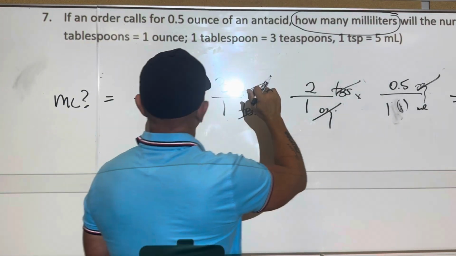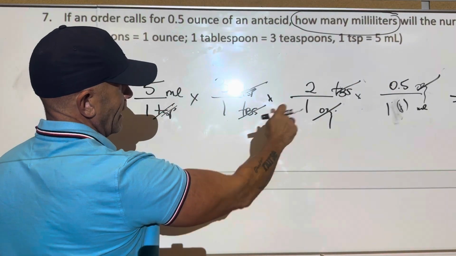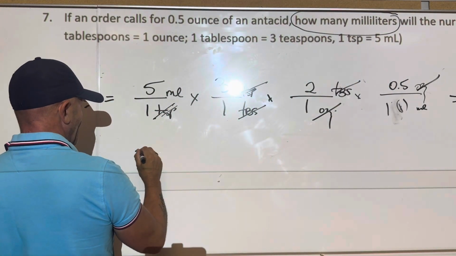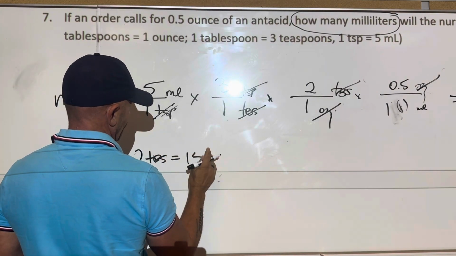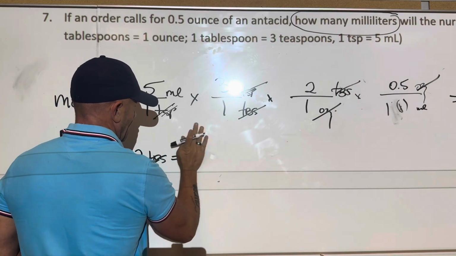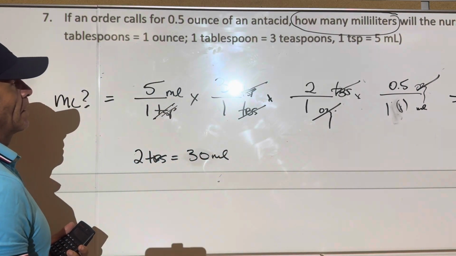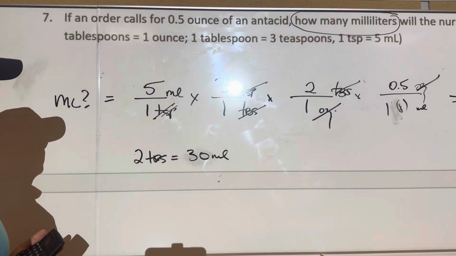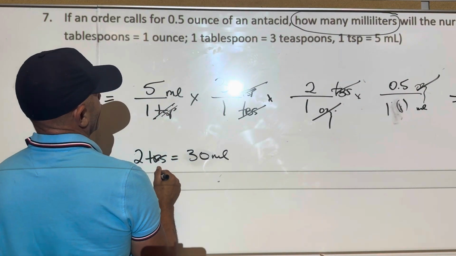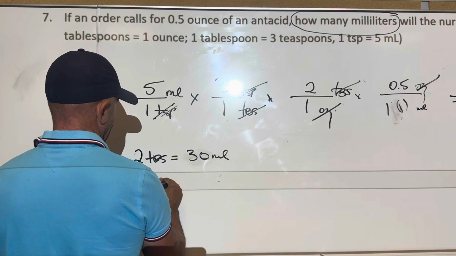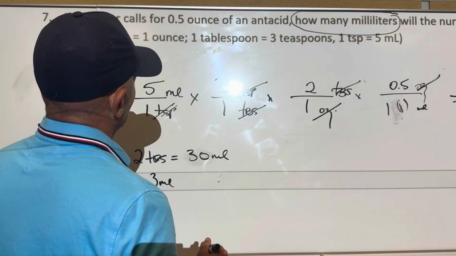Well, you know right here, 2 tablespoons equals 1 ounce. So we know 2 tablespoons equals 30 mLs, right? All right? And what we know is 30 mLs equals 1 ounce.